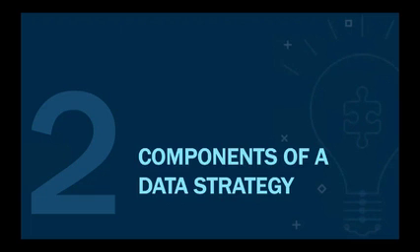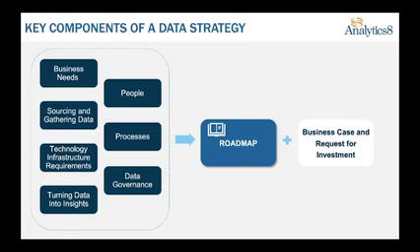So next we can get into the different components of a data strategy. And so here we list business needs, gathering and sourcing data, technology infrastructure, turning data into insights, people, process, and data governance as all core or key components of a data strategy.